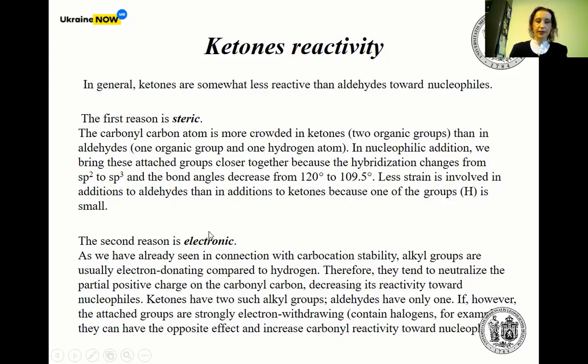Another reason is electronic. Any alkyl group that has a positive inductive effect will decrease the partial positive charge that we have at the carbon atom of the carbonylic group. And this reason decreases the reactivity of carbonylic compounds.